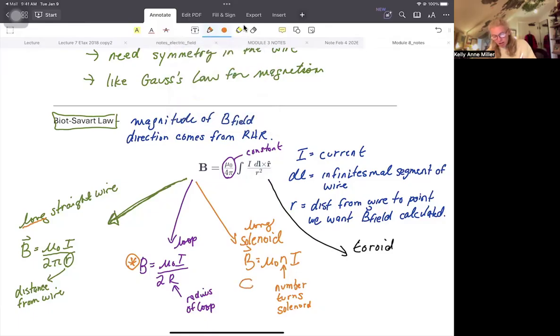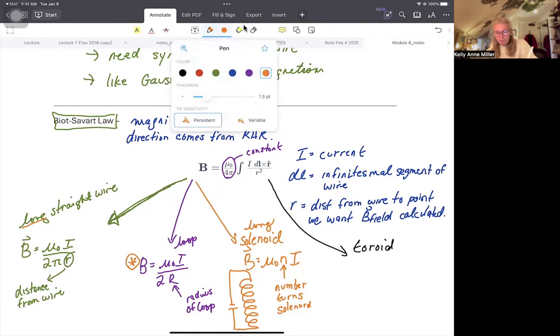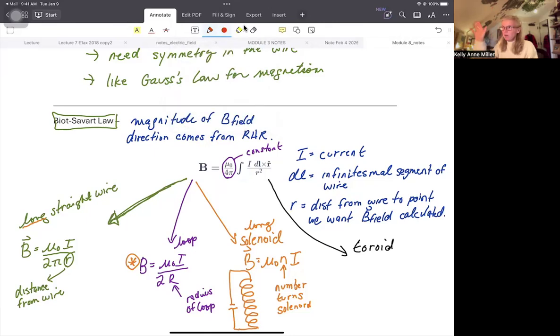It's a wire that goes like this, with current running through it, and the B field is concentrated in the center of the solenoid.